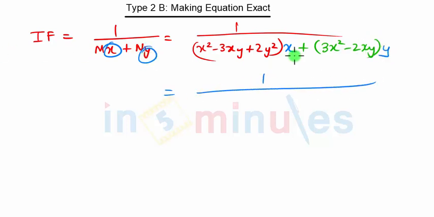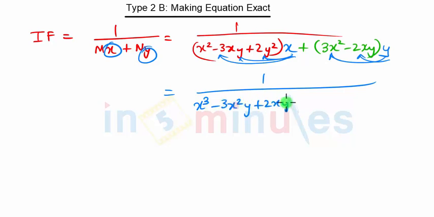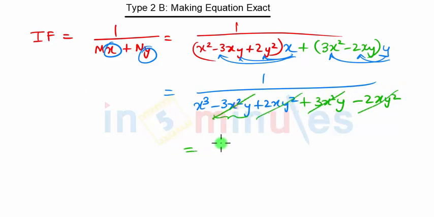If I take this x inside the bracket and this y also inside this bracket, then we will get x cube minus 3x square y plus 2xy square plus 3x square y minus 2xy square. So minus 3x square y will get cancelled with this, and 2xy square will cancel with this, so we remain only with x cube, and the integrating factor is 1 upon x cube.